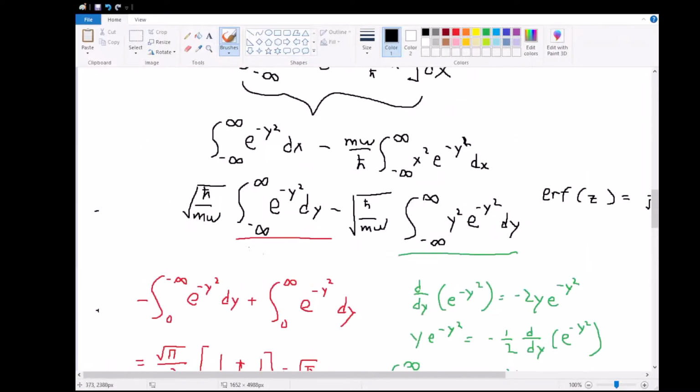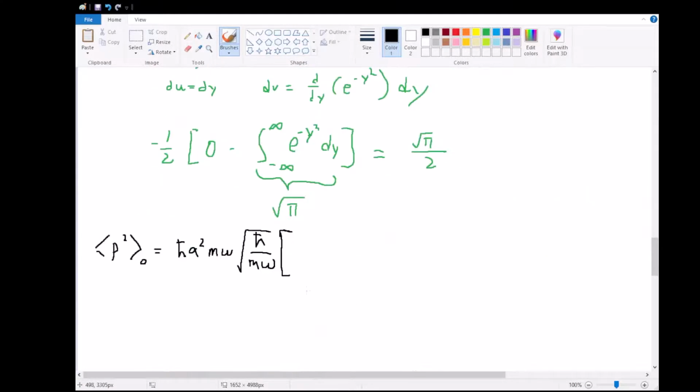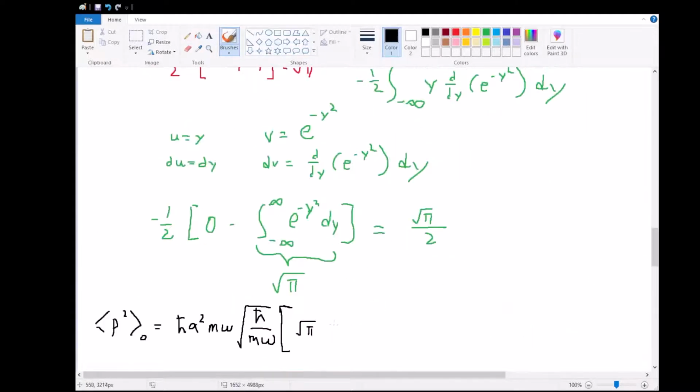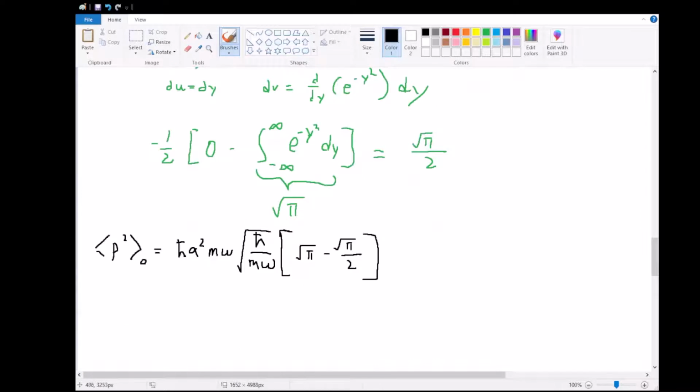And then we have this red term, which is square root of pi, subtracted by this green term, which turns out to be square root of pi over 2. So these two just become square root of pi over 2. This gives us alpha squared h bar m omega over square root h bar over m omega times square root of pi divided by 2.